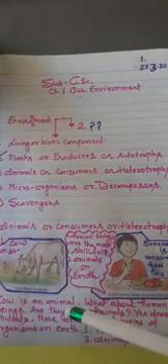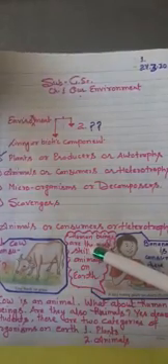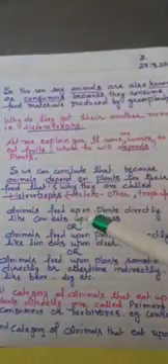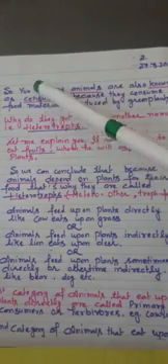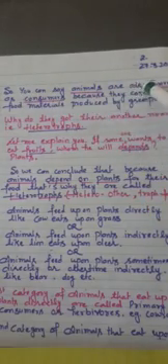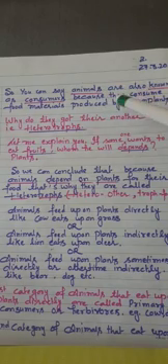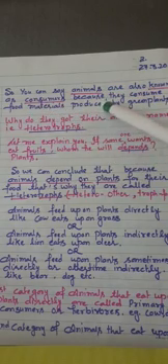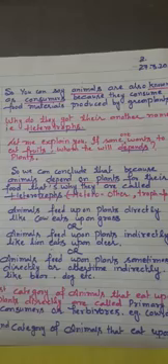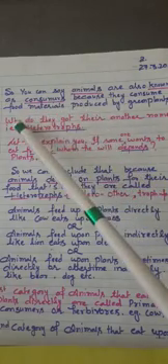Now come to the second page. Here I wrote, so you can say animals are also known as consumers because they consume food material produced by green plants.